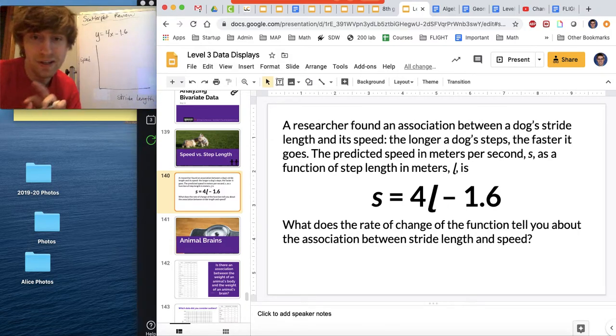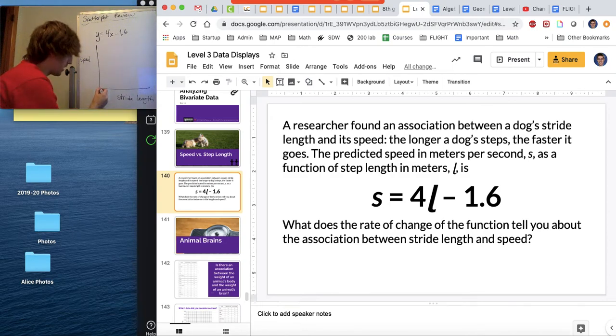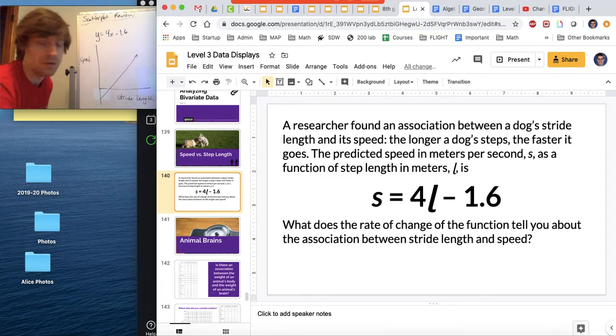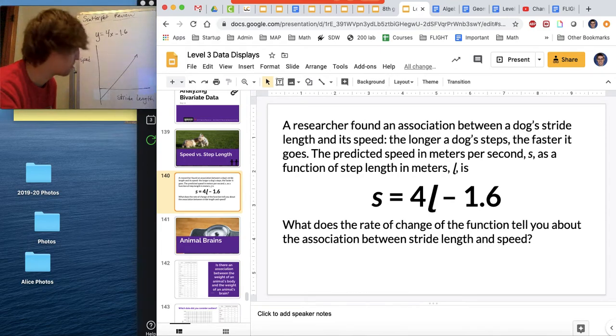All right? So if I draw a rough sketch of this, there's going to be a y-intercept of negative 1.6, and the slope is 4, so it's going to look something like this. Can a dog have a negative speed? No, really no. So this is not useful data if we're talking about this scatter plot.